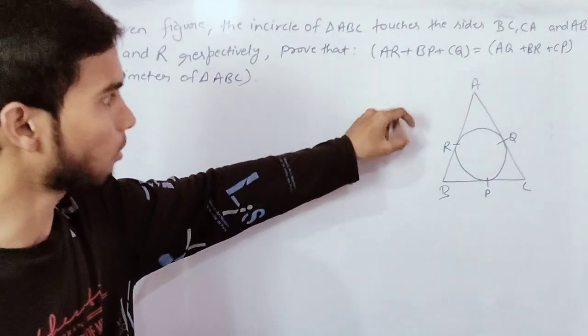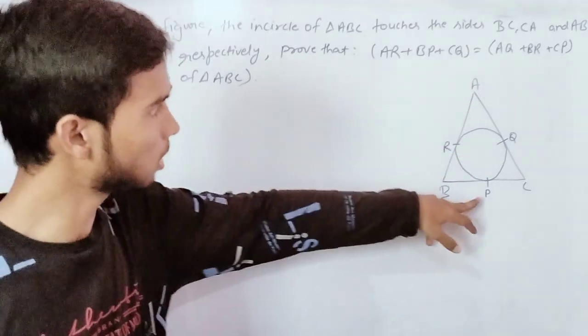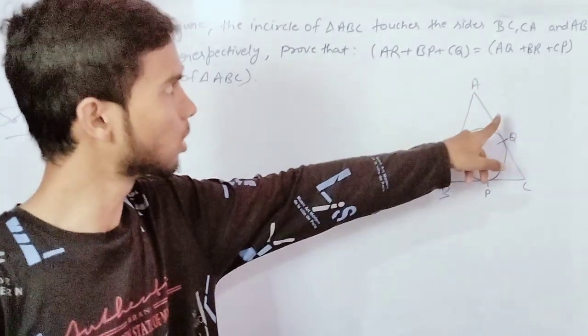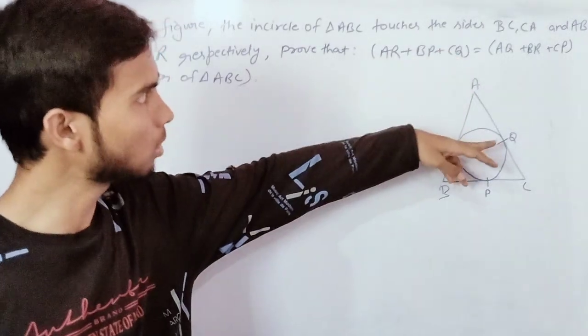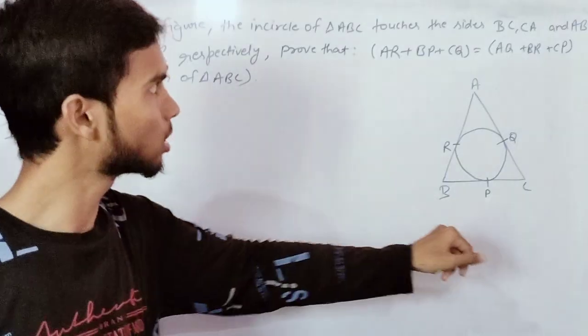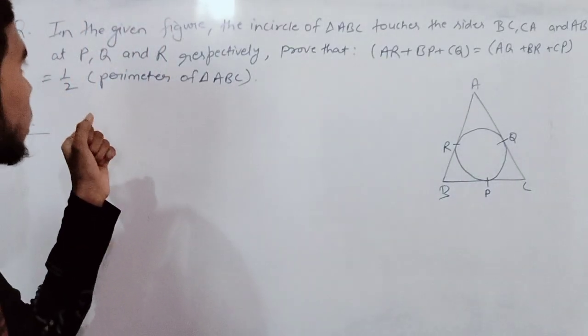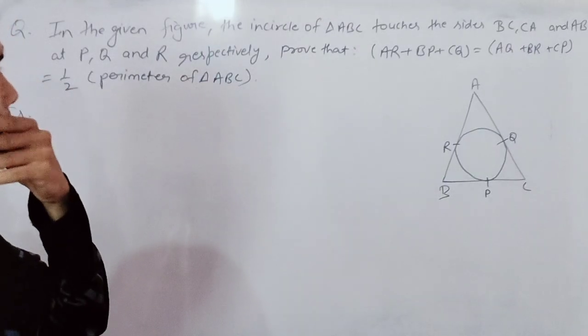Prove that AR plus BP plus CQ is equal to AQ plus BR plus CP, and then it is equal to 1/2 the perimeter of triangle ABC.